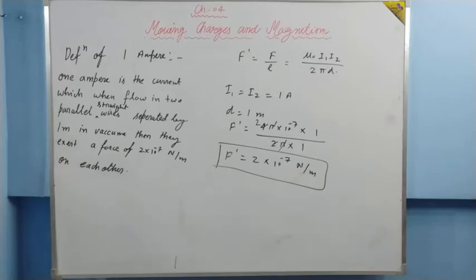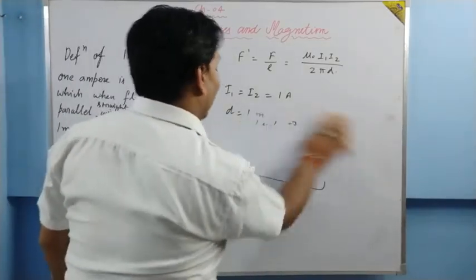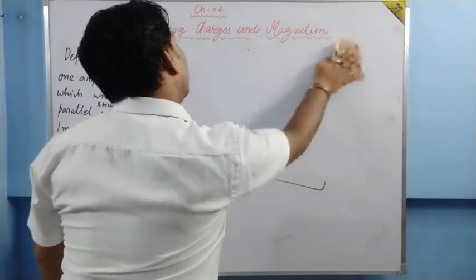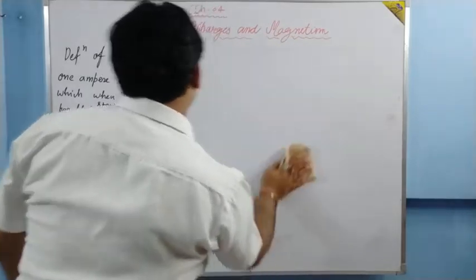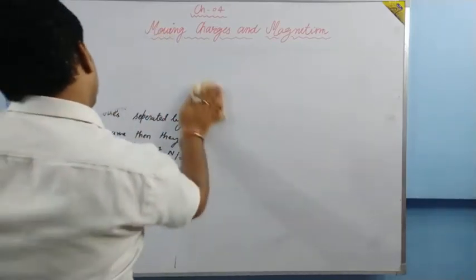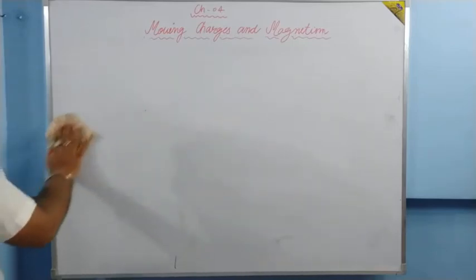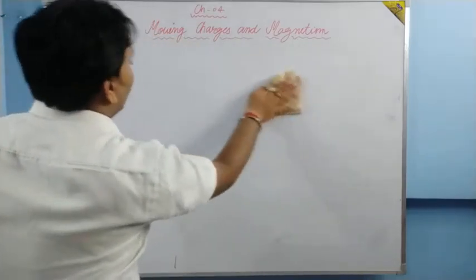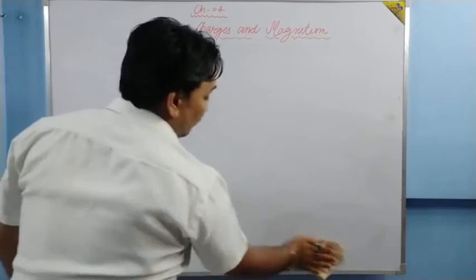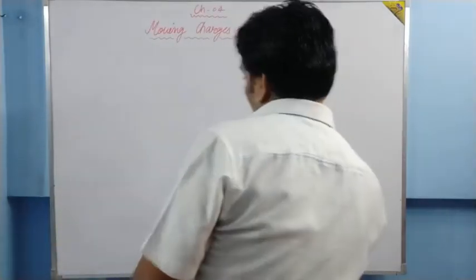But before solving the question, let us understand one more thing, and that thing is torque: torque acting on a current loop kept in a magnetic field. Then after we'll solve the questions, because questions are asked for the torque and for the force both simultaneously. So let us understand torque first, and then we'll try to solve some questions.